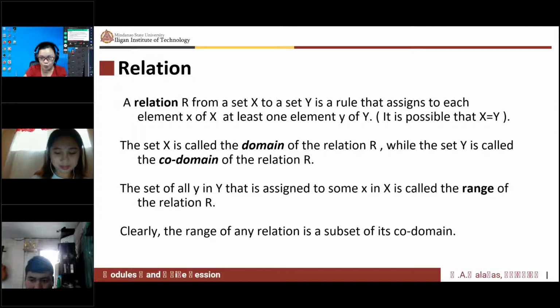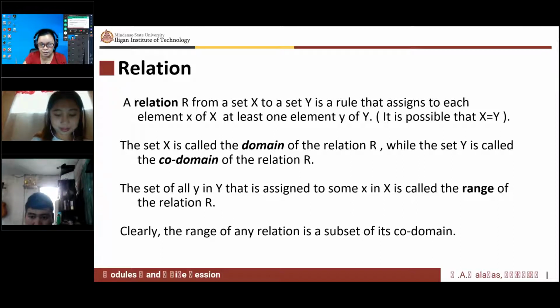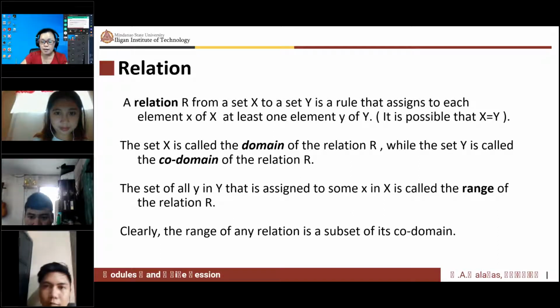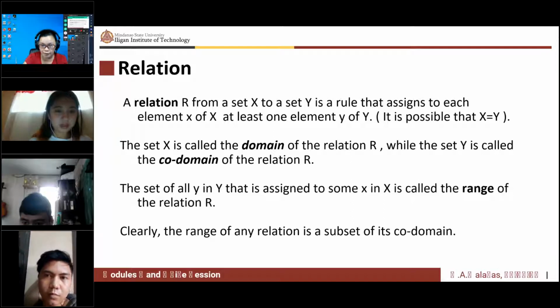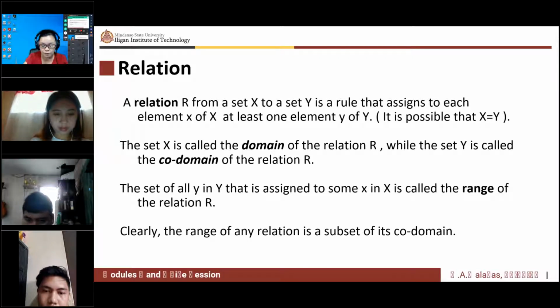But of course, there is a rule. What is that rule? The rule assigns each element in the first set at least one element in the second set. Okay? The set X is called the domain of the relation R.